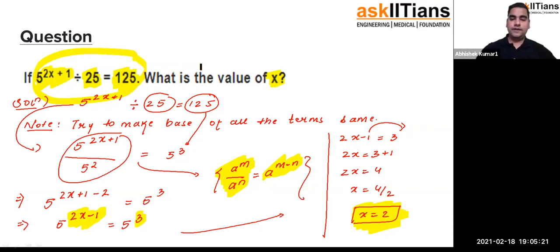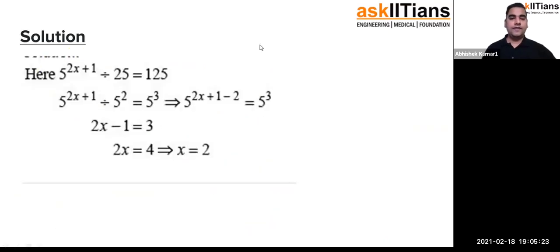Okay, so you can see here they have also done it in a similar way. You are given 5 raised to the power 2x plus 1 divided by 25 is 125. So this 25 can be written as 5 square, 125 can be written as 5 cube. They use the exact same rule which we used, that is a raised to the power m divided by a raised to the power n gives you a raised to the power m minus n.